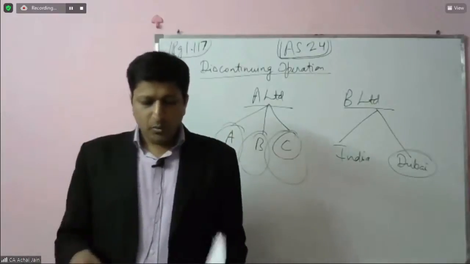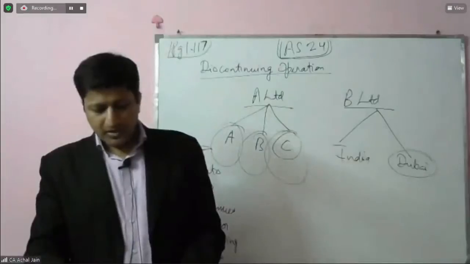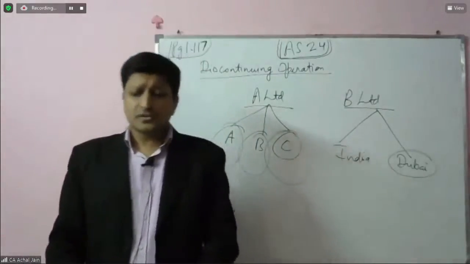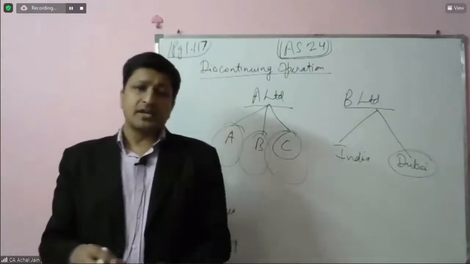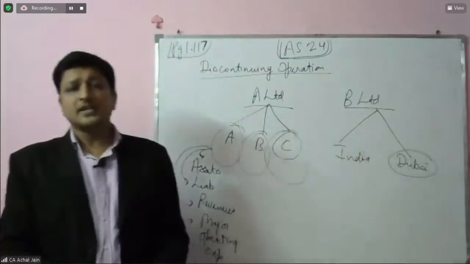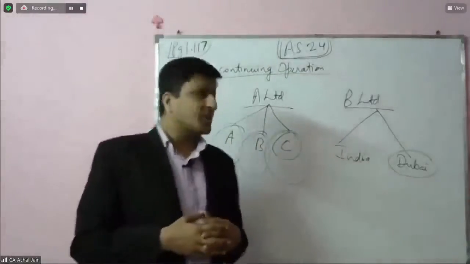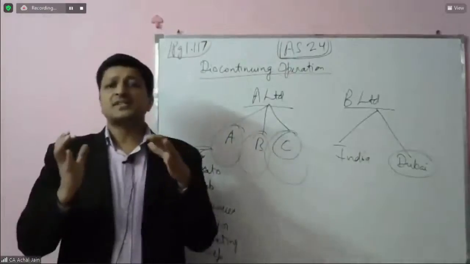Now, moving further onto the disclosure event. Before I talk about this disclosure event, let's understand what's the requirement of the standard. Because you may be thinking, sir, we have been discussing so many things about discontinuing operation, about various criteria and all. But what's the objective? What does the standard require?